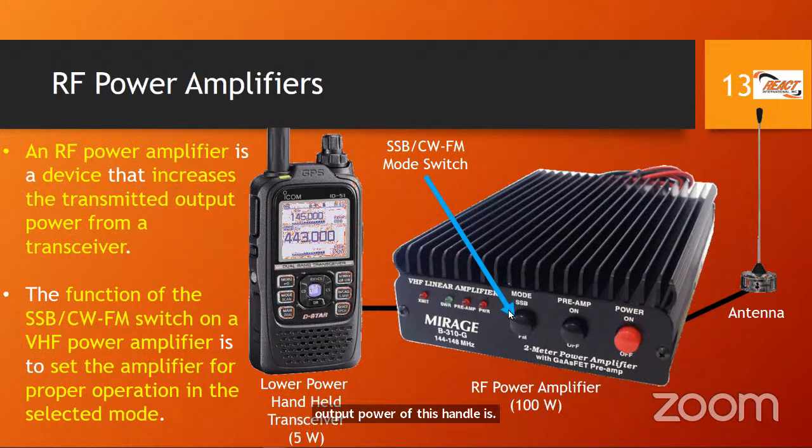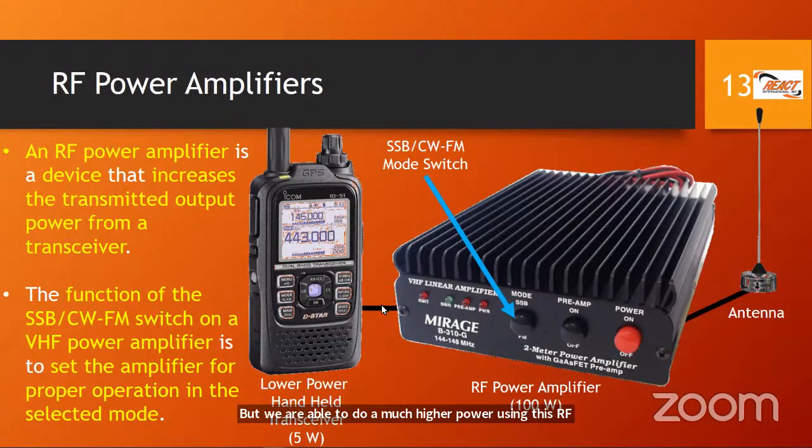It will amplify because this amplifier also has input power as well, electrical power, and it outputs a higher output on the radio frequency that we are transmitting. So it amplifies that signal. 5 watts in, and this particular amplifier could do, let's say, 100 watts out. So we are able to use a small device like this that is only capable of outputting 5 watts, but we are able to do a much higher power using this RF power amplifier.